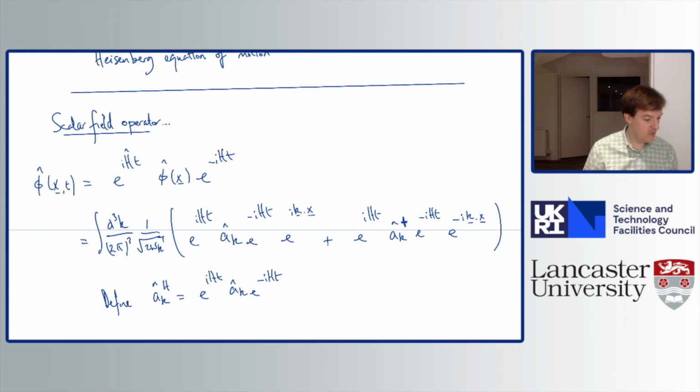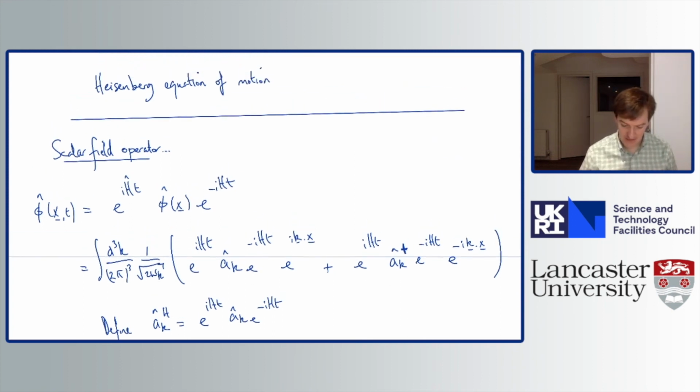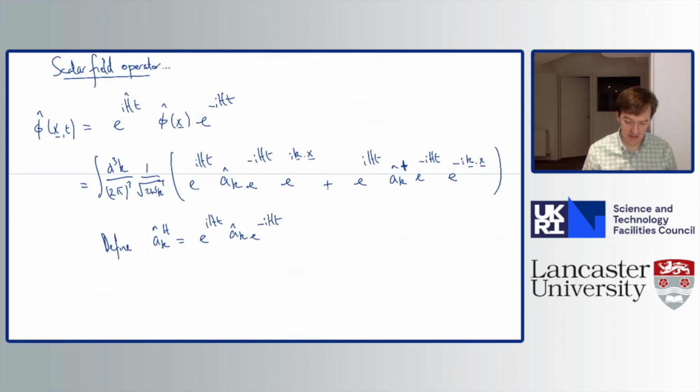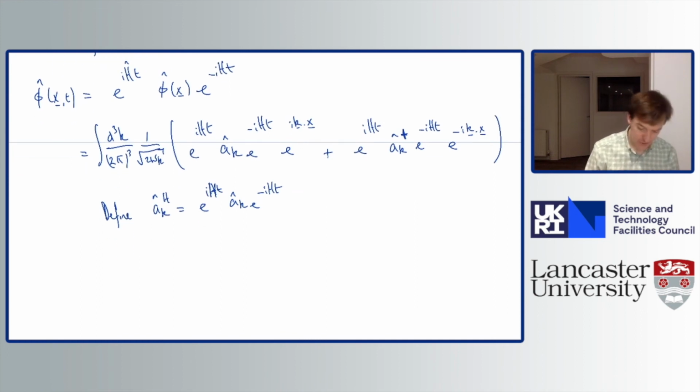And we can use Heisenberg's equation of motion. Here it is for a general operator. We can use this form to figure out how my Heisenberg, in this case, annihilation operator, depends on time, or what the form is. So let's use this Heisenberg equation of motion.